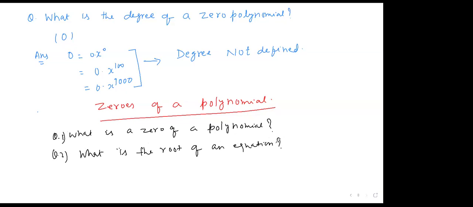In the previous class, we already studied it. There is a thin line between zero and root. They are actually the same thing. The word zeros is used for a polynomial expression only, and roots are used for an equation.